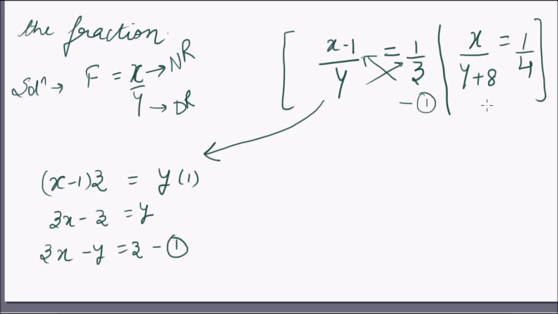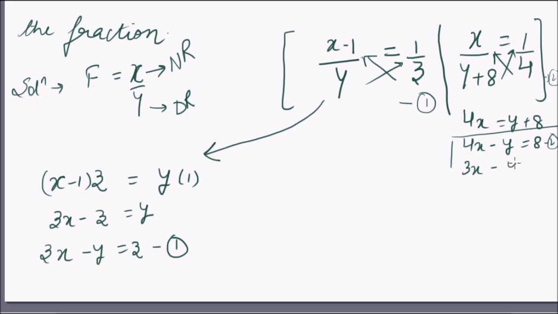For the second equation, again cross multiplying, we get 4x equals y plus 8, or 4x minus y equals 8 is the second equation. So both the equations can be written over here as this.